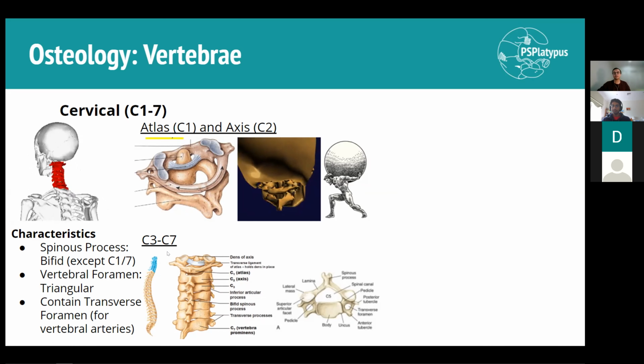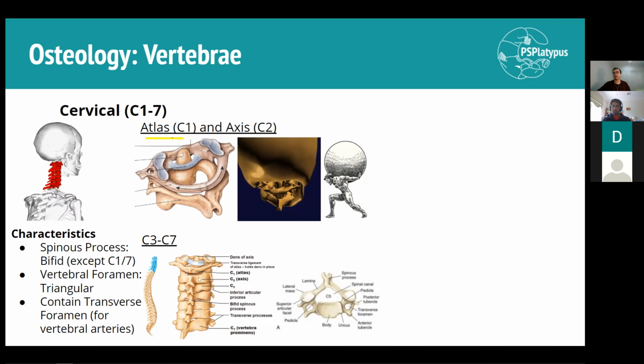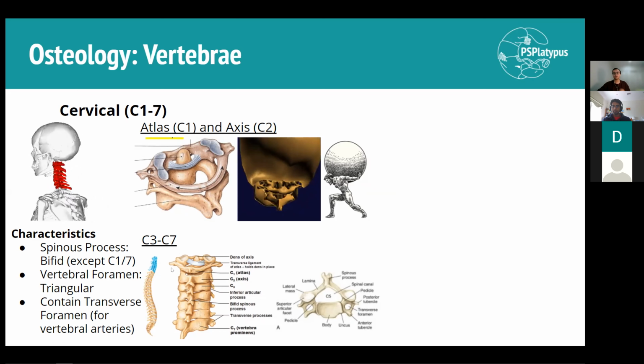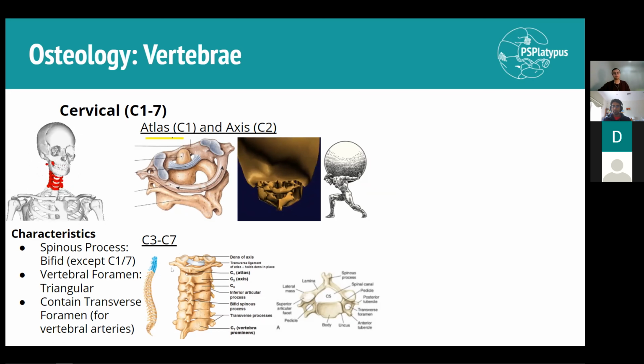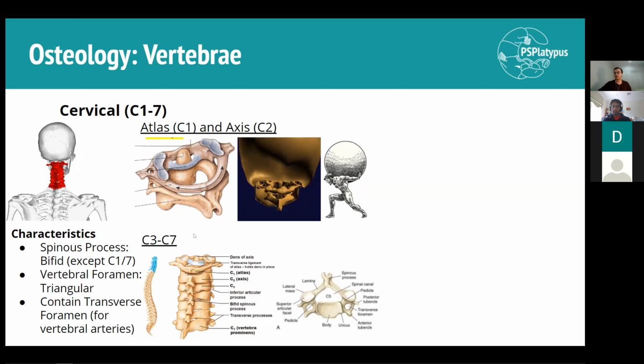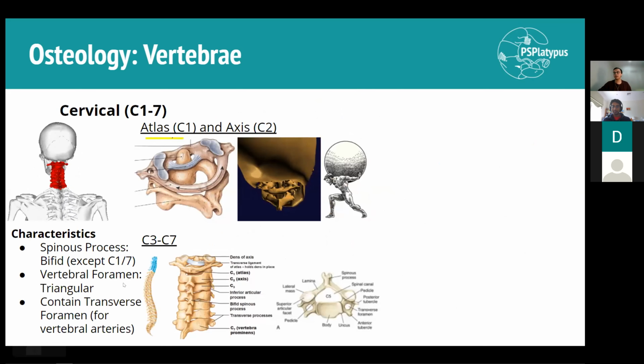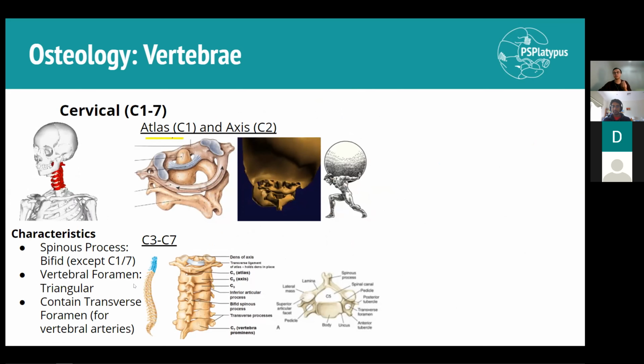And the C3 to C7 vertebrae are also shown here in a line. They've got a number of important characteristics that make them separate from the vertebrae in other regions. So you've got the fact that the spinous process, the part coming out the back. If we go back a slide, the spinous process was the part which comes out over here, right? That posterior process is actually bifid.